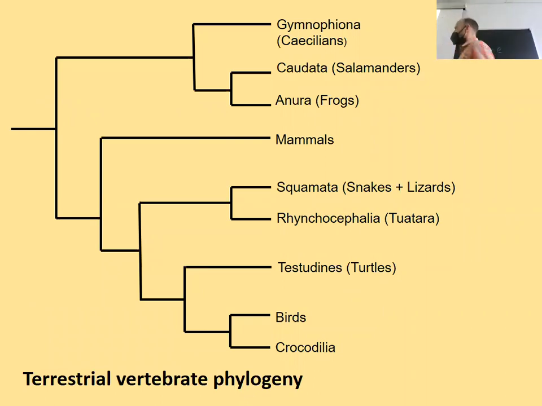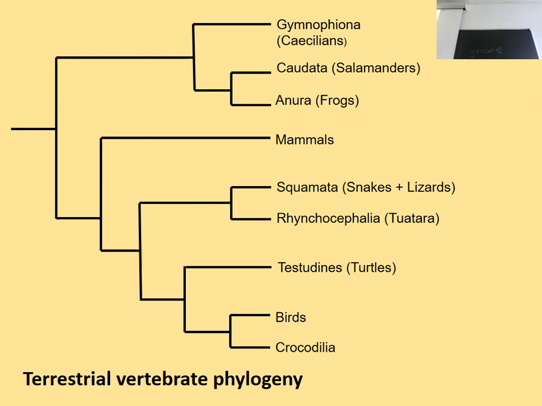So looking back at our terrestrial vertebrate phylogeny, remember that crocodilians are in this group with birds, and they are what's called archosaurs. So let's put this up here. We'll get to this when we talk more about prehistoric reptiles. Archosaur. I'm just going to put crocs plus birds.